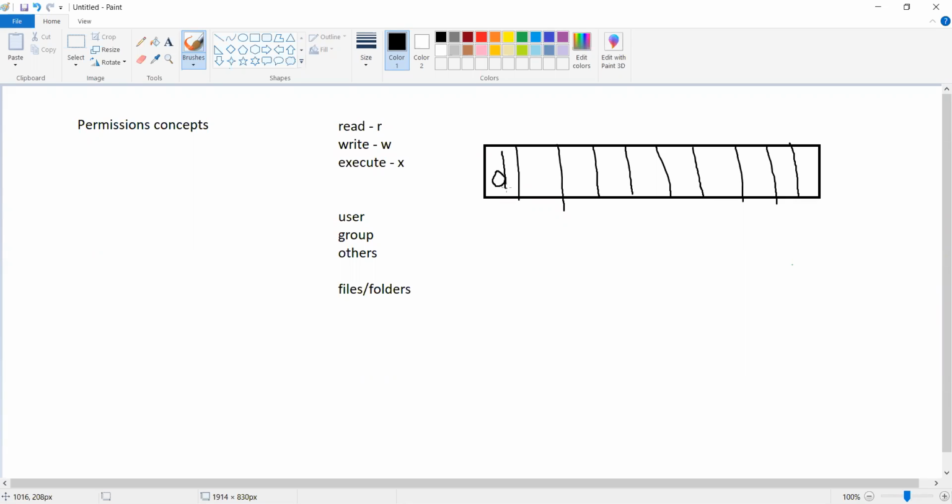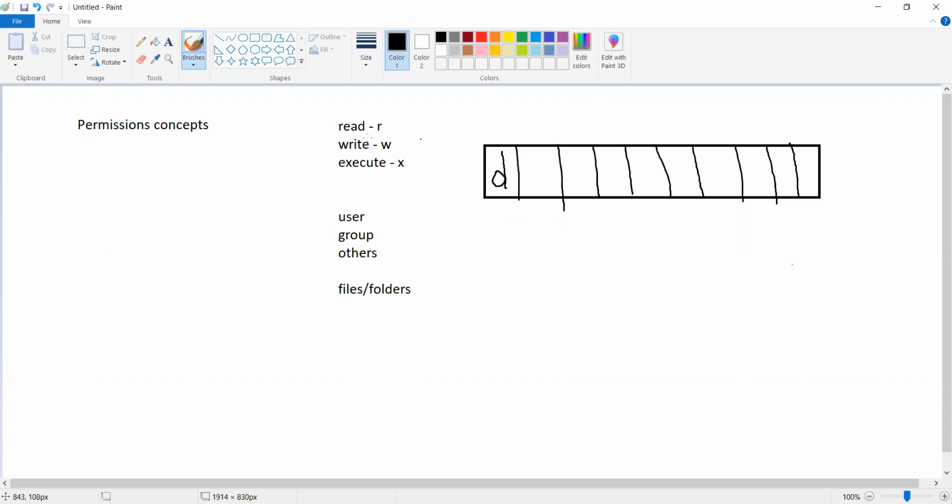So two things you have to figure out: which is a file and which is a folder. If the first block is empty, we call it a file, and if it is indicated with the letter D, we call it a directory.